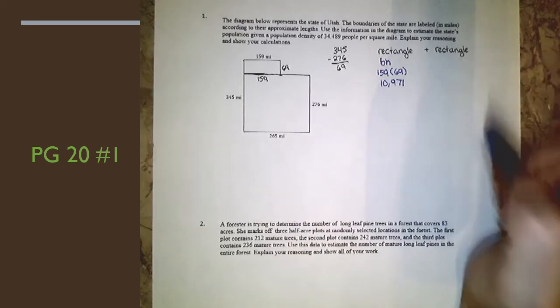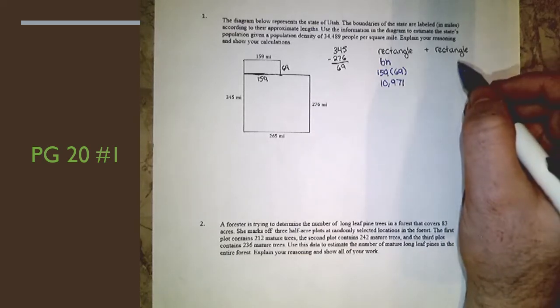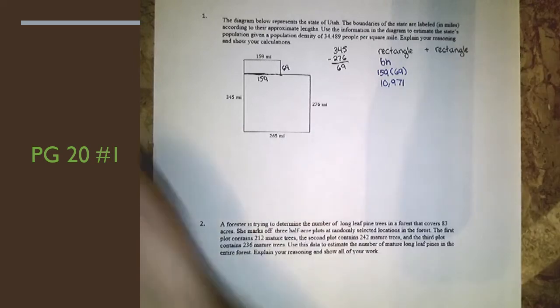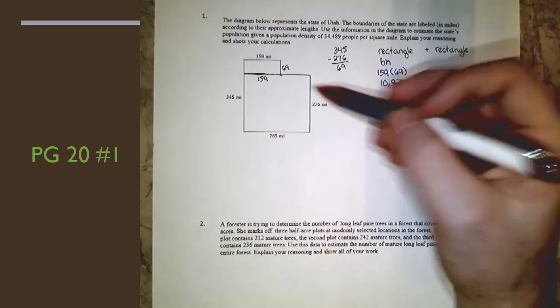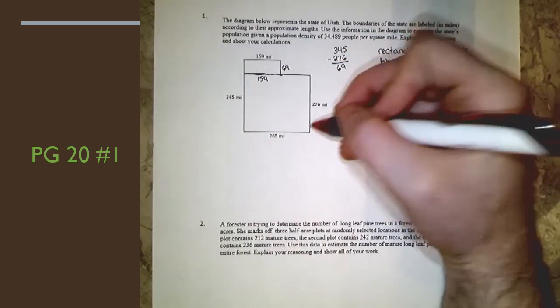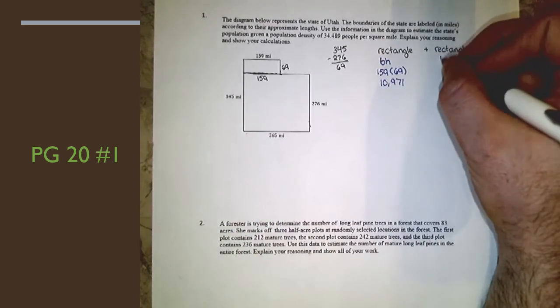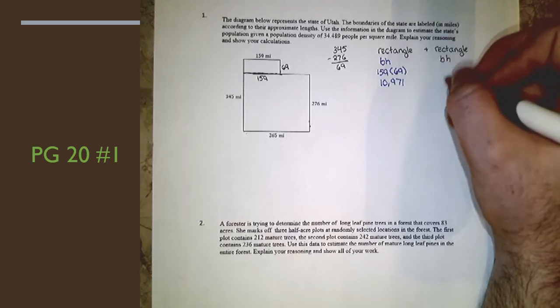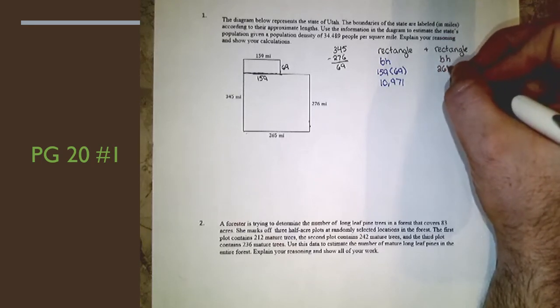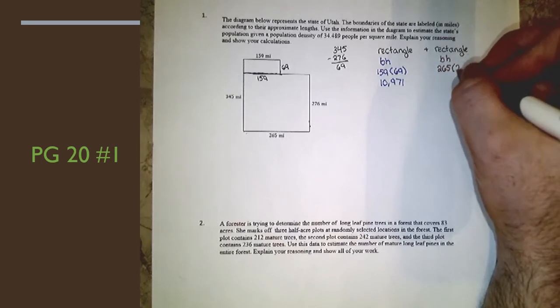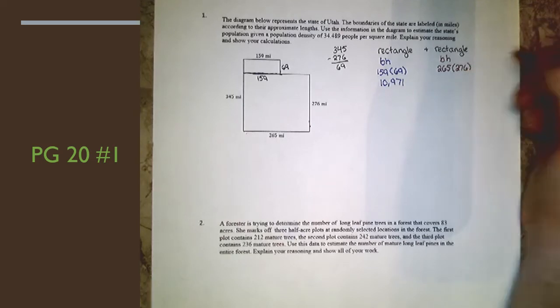Now, over here, I would want to be combining the big one. So on this side and this side, the base is 265. So we're doing base times height. Base is 265. The height is 276.